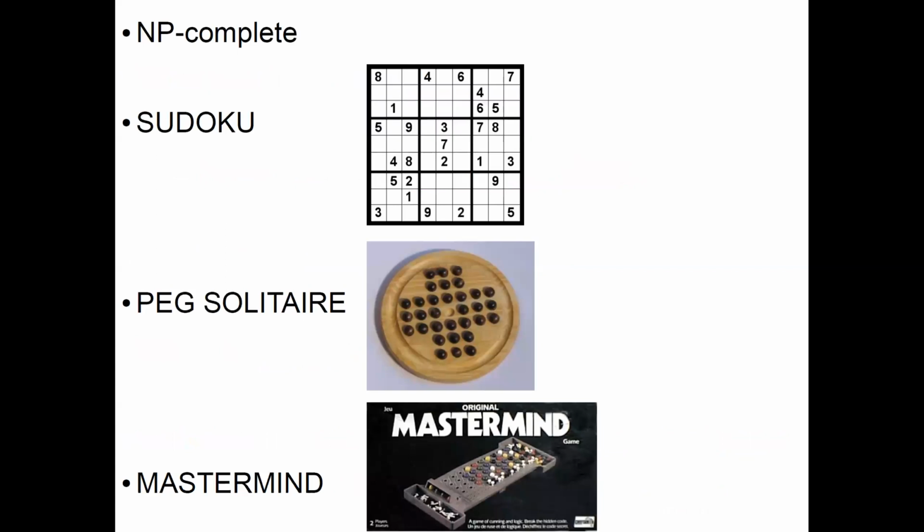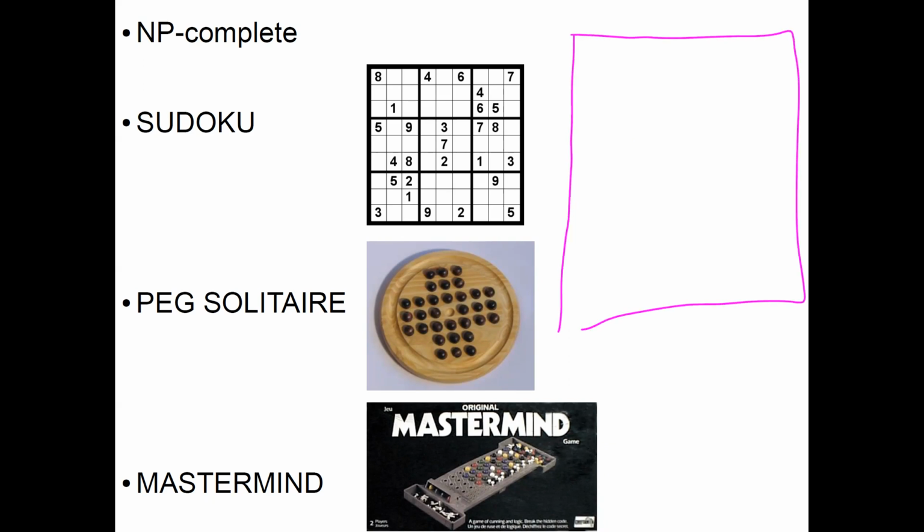Let's first see a few puzzles. One is Sudoku. This is a very popular puzzle in which you have a 9x9 board, which you have to fill with numbers so that every row has all the numbers from 1 to 9, every little square the same, and so on for the columns. You can generalize this to larger and larger boards, with numbers from 1 to n.